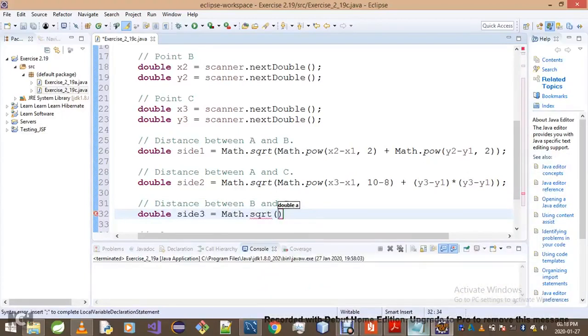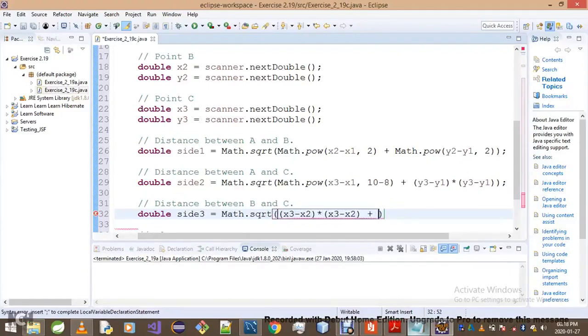Let's do this, x3 minus x2, we multiply that by x3 minus x2. I should put the multiplication operator there.